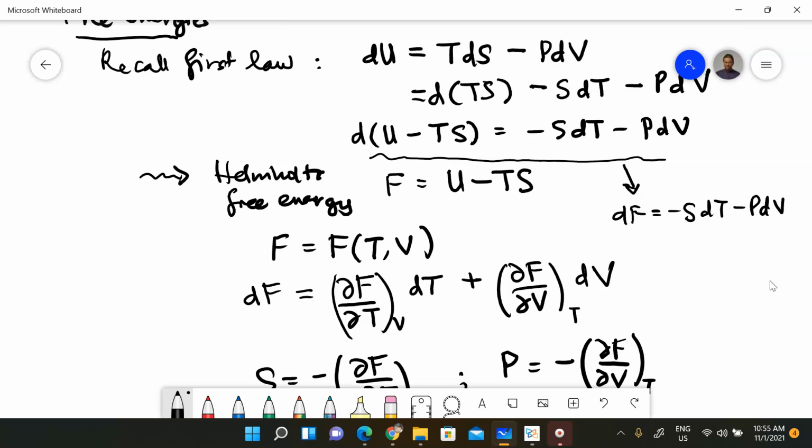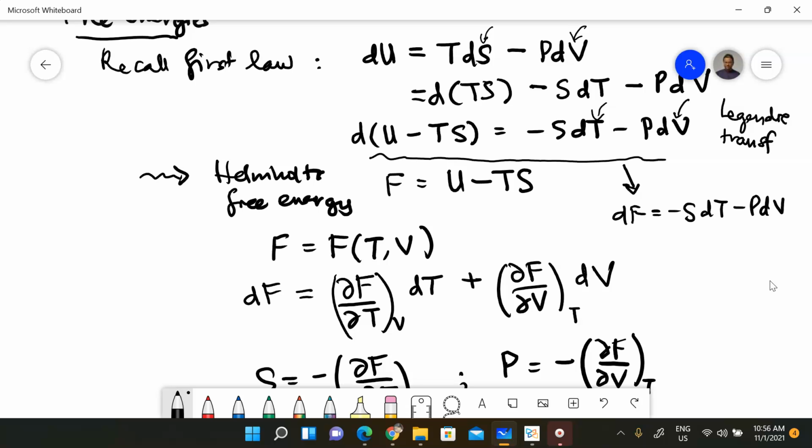So here what we did was to change the differential that the relation has from dS dV. This kind of changing from one dependence over here to another dependence over here is what we call the Legendre transform. And there are many such transformations.